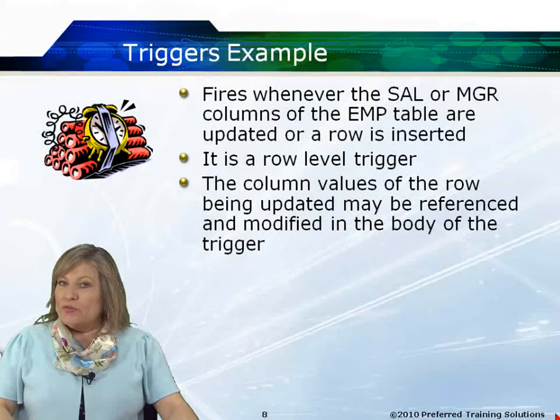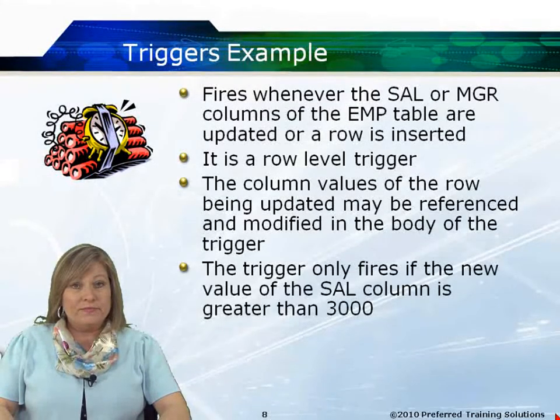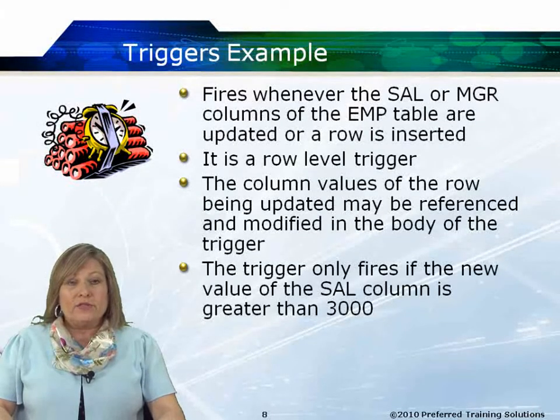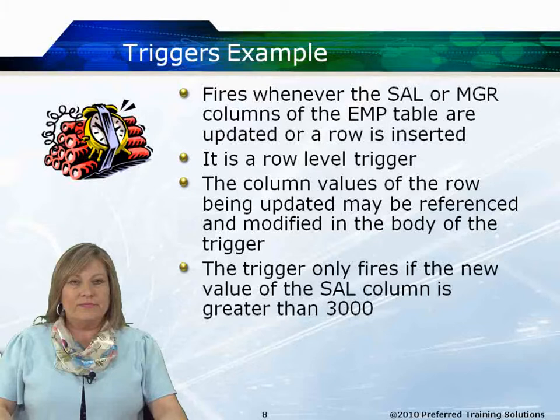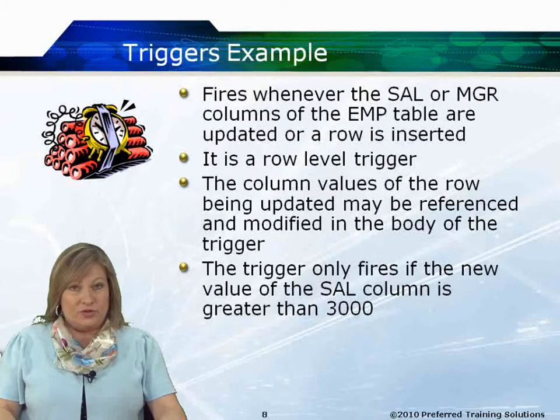And in a row level trigger, we're going to be able to reference the column values of the row and actually modify their values in the body of our trigger. In this particular example, we want to only have our trigger execute if the new value of the salary is greater than 3,000. We also want this trigger to fire whenever a row is inserted into the table.